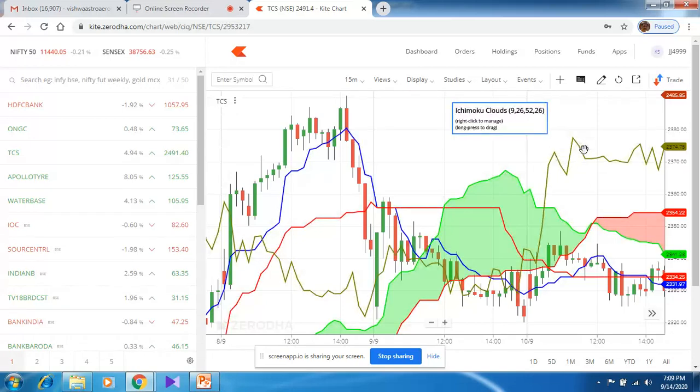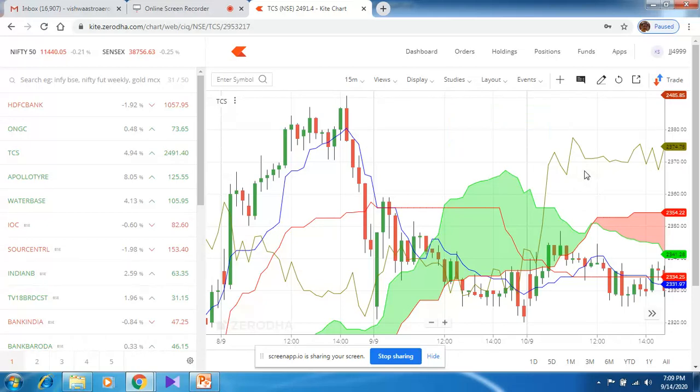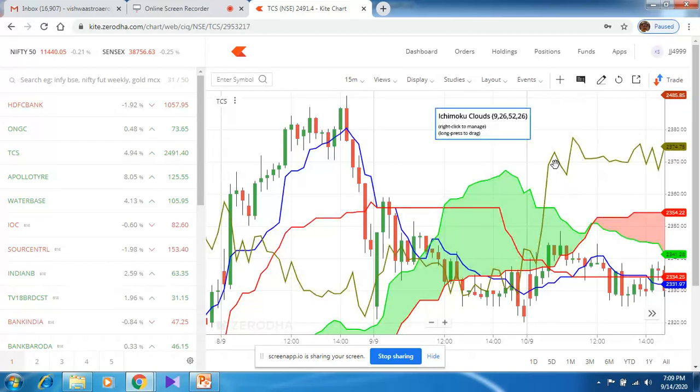Wherever this lagging span is, the progress of the lagging span is such that it is always 26 candles behind the current progress of the candle. So let's say at this instant, the position of this lagging span curve is over here.